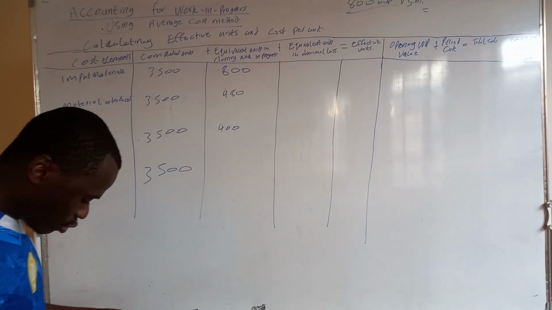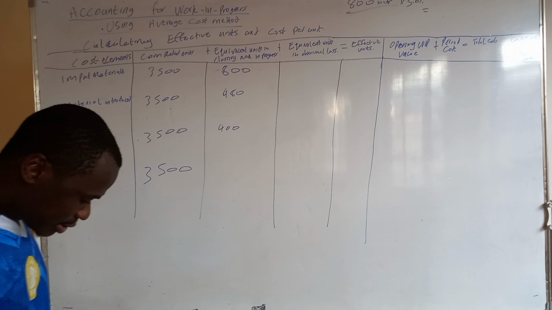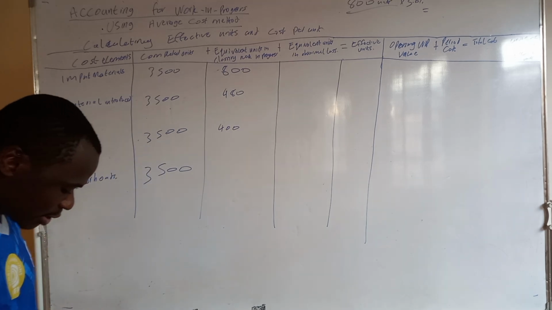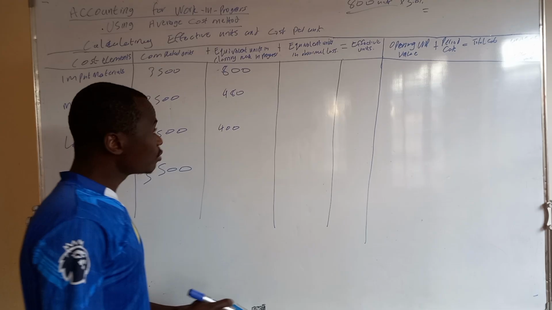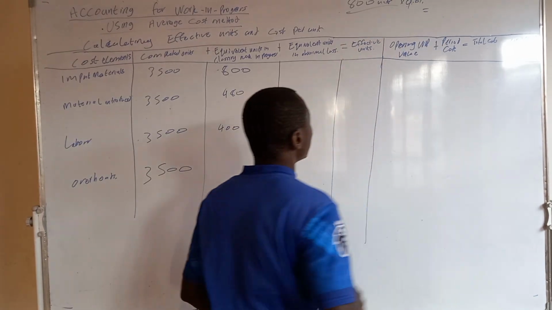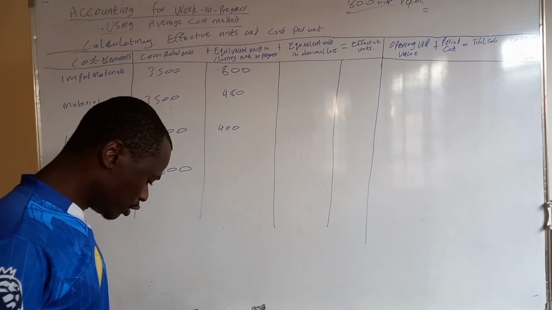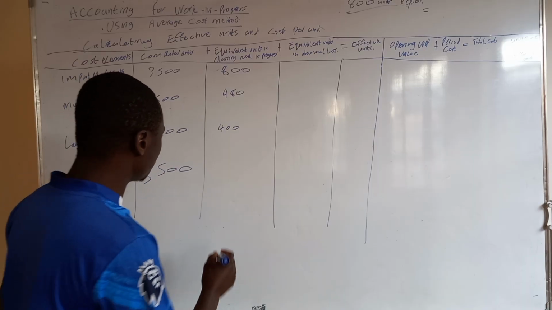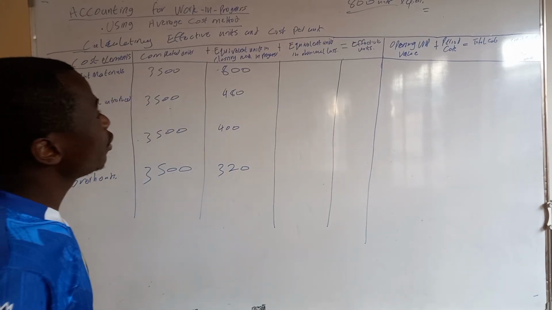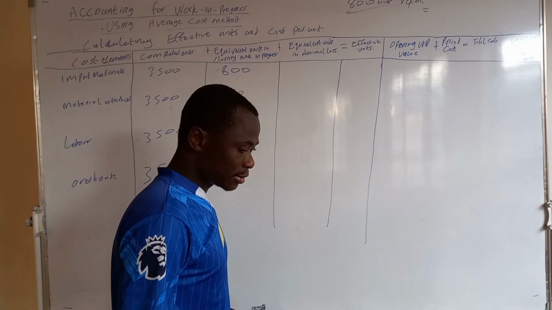Overheads, we are told, was 40%. Now 40%, we multiply this by 800. That is 320.